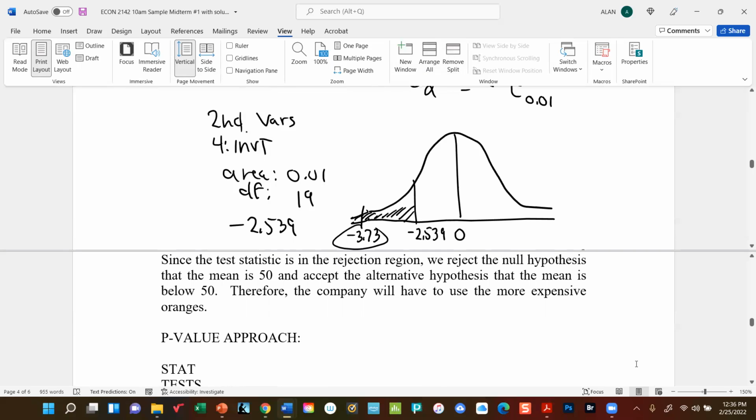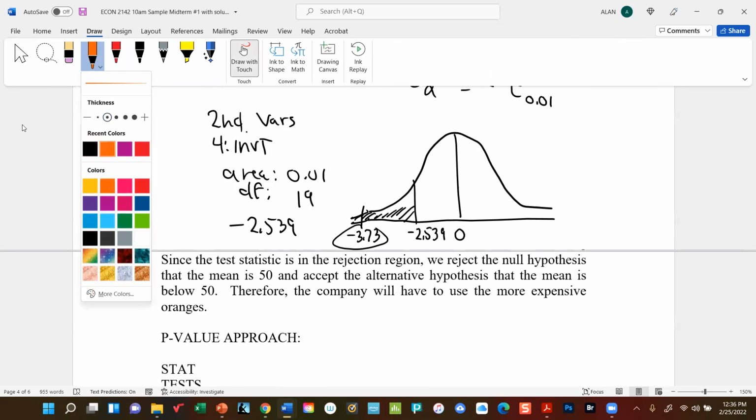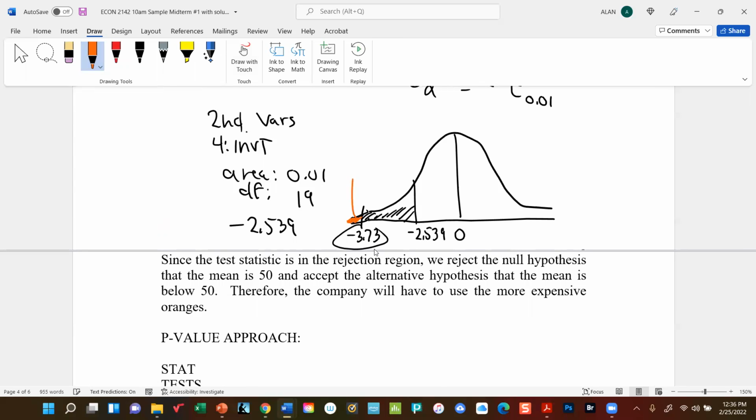And then as far as the p-value goes, once again, just to remind you, the p-value would be anything that's more extreme than this test statistic. Right here, you can see it's going to be really, really tiny. You said we're rejecting the null, right? Yes, we reject the null because the test statistic is in the rejection region.